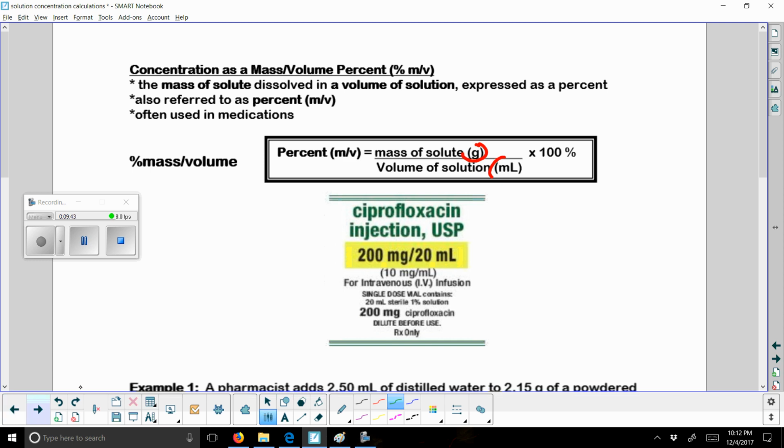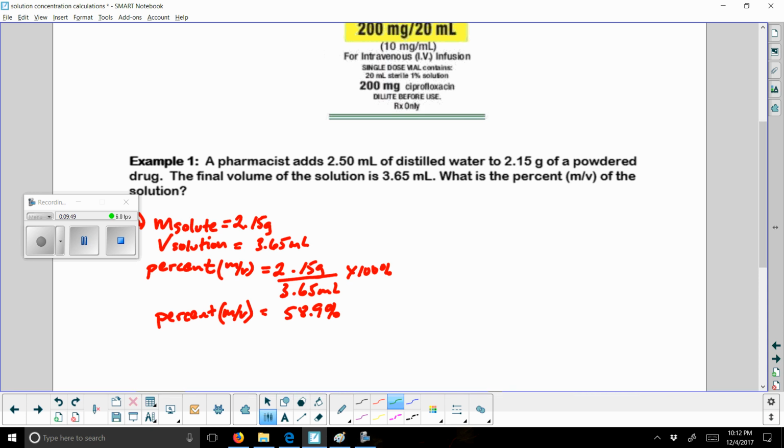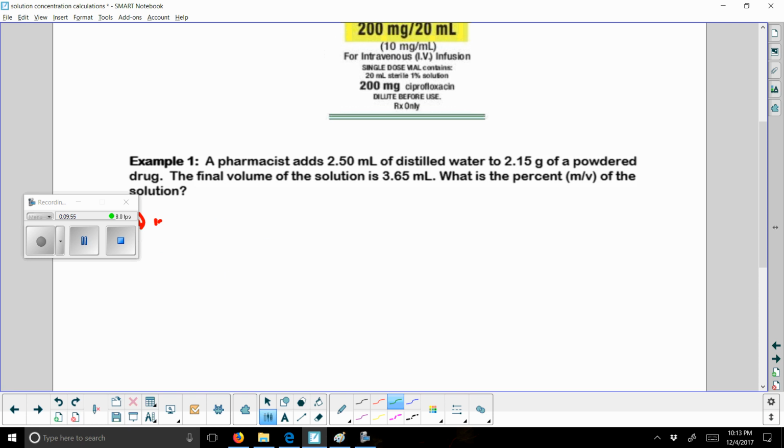Let me go back a little bit. Here we go. So the example we have up, in this particular situation, let me just erase the previous solution. What we have here is I've got 250 milliliters of distilled water, and I've got 2.15 grams of a drug that I'm adding.